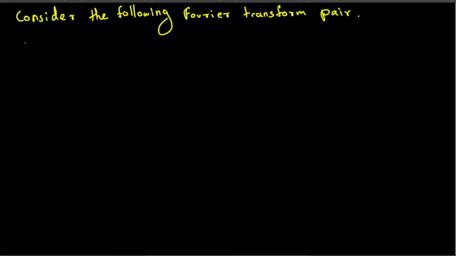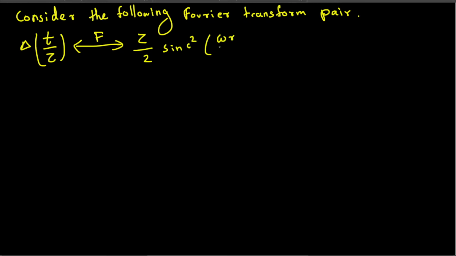If you have triangular t over tau, and we do the Fourier transform of that, it becomes tau over 2 sinc squared of omega tau divided by 4.